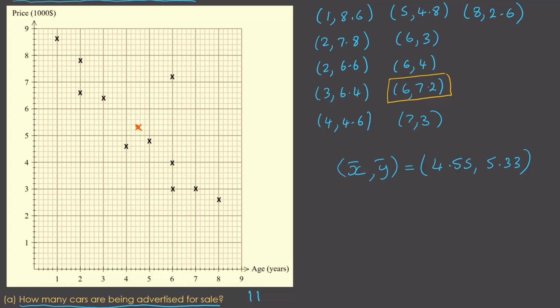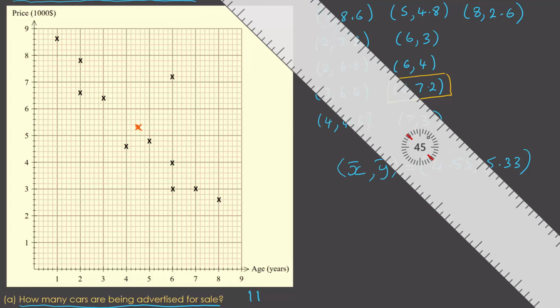Now we want to get a line of best fit through there. So what we're going to do is get our ruler, make sure that it goes through the orange point and it fits the data as well as possible, which means trying to get it roughly evenly balanced with the number of points on either side, or at least their distances on either side.